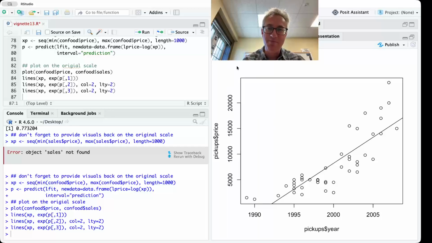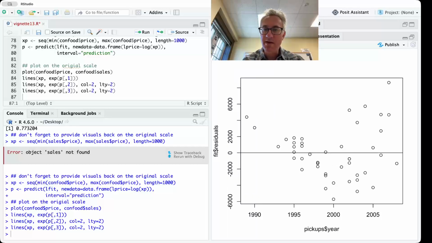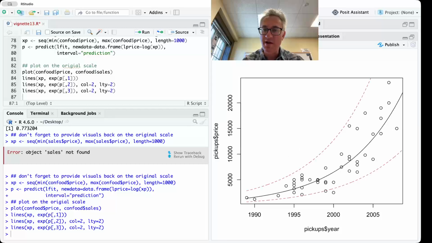But I don't think that happens very often. But when we make the transformation and do the fit there, you can see that this has got curvature. Because we're exponentiating, you never get a negative prediction, not for the prediction itself or for its error bars. As the trucks get older and older, the prices get smaller, but they decrease the amount by which they get smaller, and they always stay positive because an exponential never has a negative output.